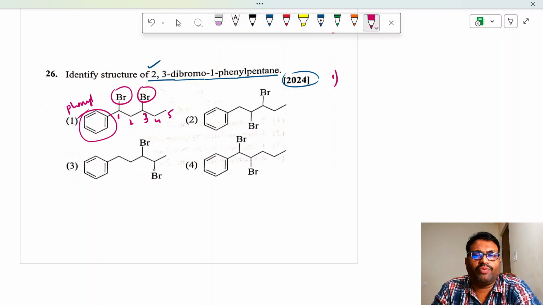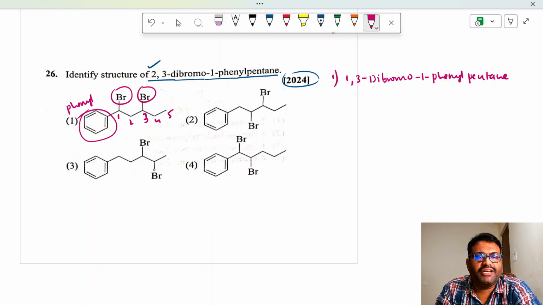So I write it as 1,3-dibromo-1-phenyl pentane. This will be the IUPAC name for the first structure. Why have we started from here? Because at the first carbon itself, you are finding two substituents: one is bromo, another is phenyl.